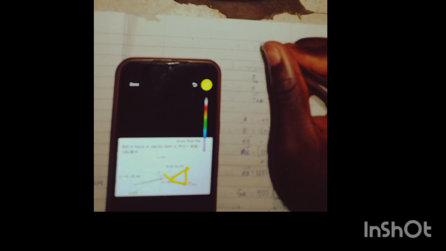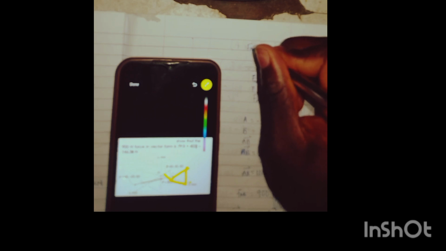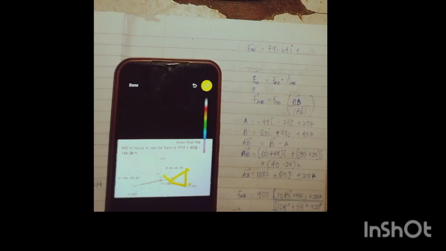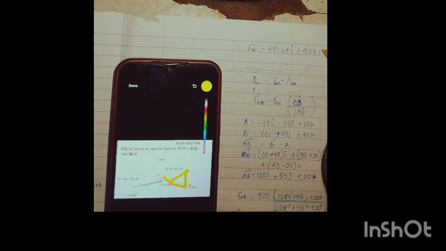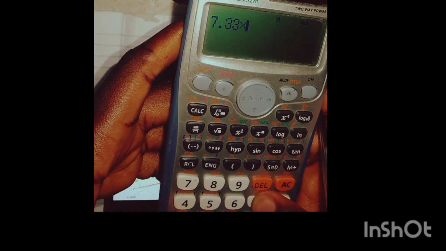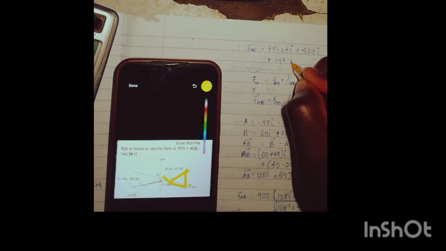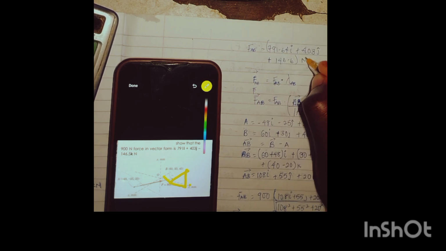That means you're having F AB to be equal to 791.64 in i direction plus 55 times 7.33, which is 403 in j direction, plus 7.33 times 20, which is 146.6, everything in Newton, as you can see.